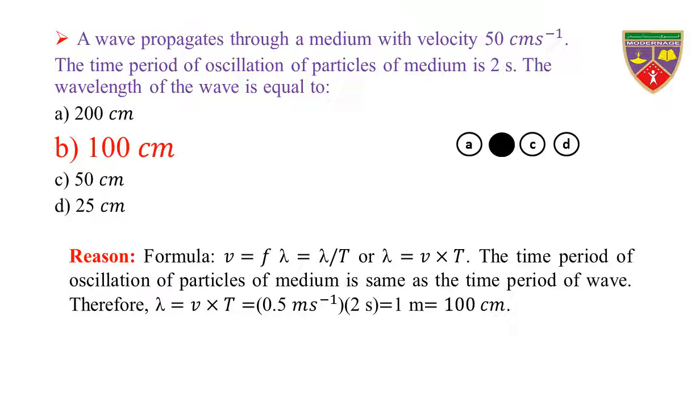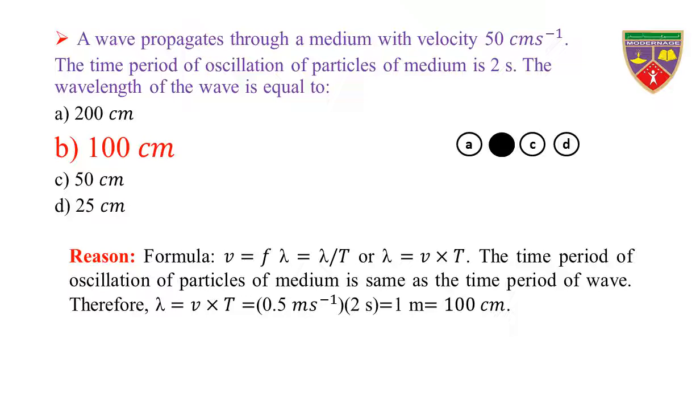Reason, formula: the speed of wave is equal to frequency of the wave into wavelength, which is equal to lambda divided by T, because frequency is inverse of the time period T, or lambda is equal to v into T. The time period of oscillation of particles of the medium is same as the time period of wave.